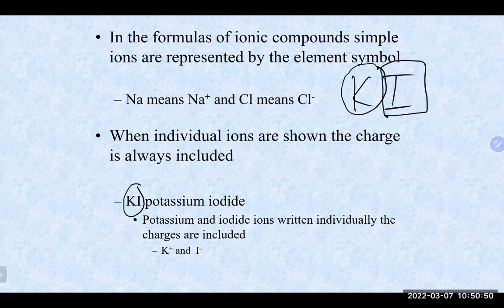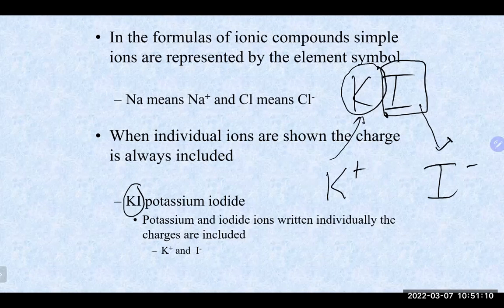This is iodine, which is a non-metal. Again, the potassium is the most important thing. We see that it is a member of group 1, which means it has a +1 charge. Iodine is a member of group 7, which means it has a -1 charge, which is why when we put them together, we just need 1 of each in the formula.